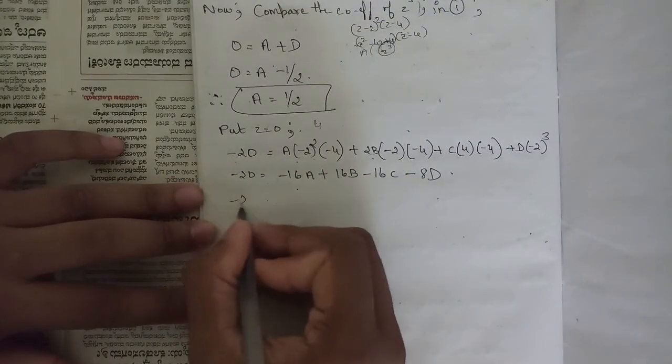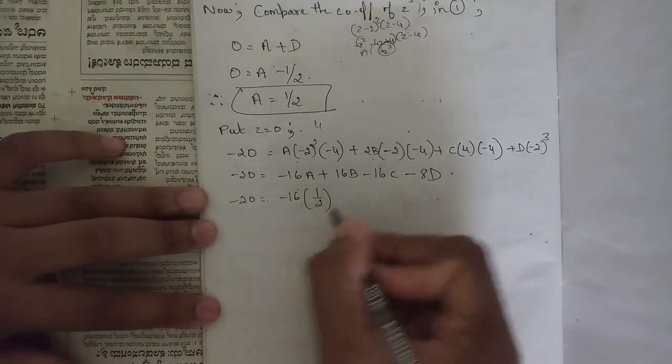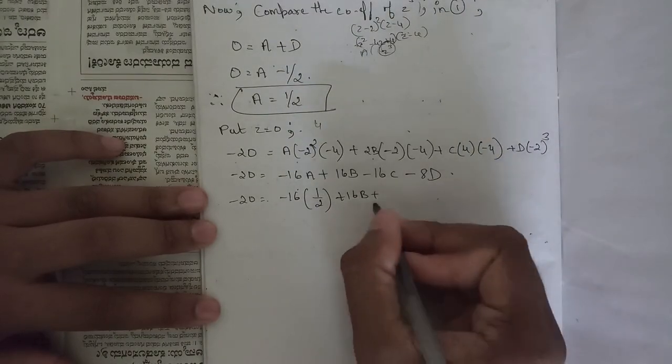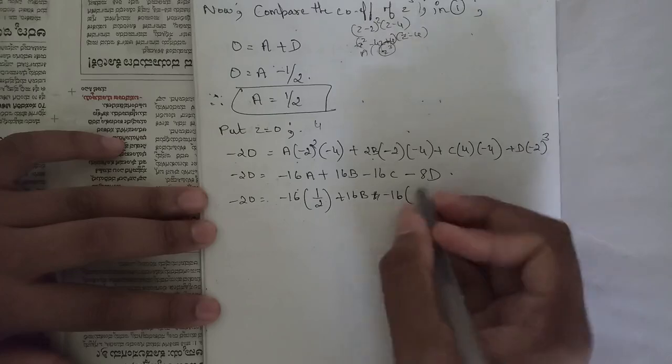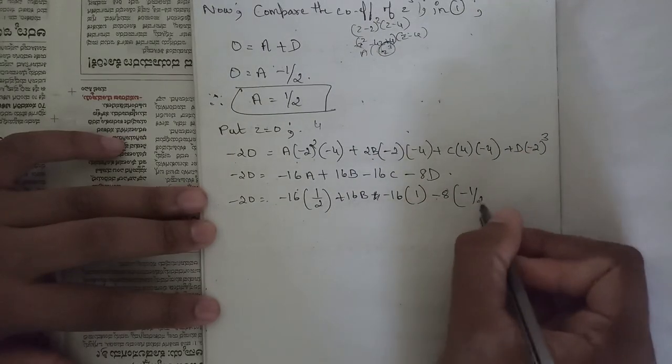Okay, so now substitute the values. We got the value of A as 1 by 2, plus 16B, keep it as it is, we are going to find it. Minus 16 into the value of C, which is 1, minus 8 into the value of D, which is minus 1 by 2.